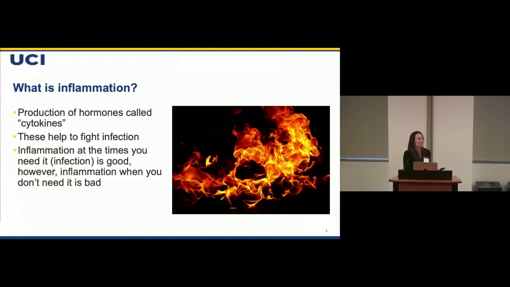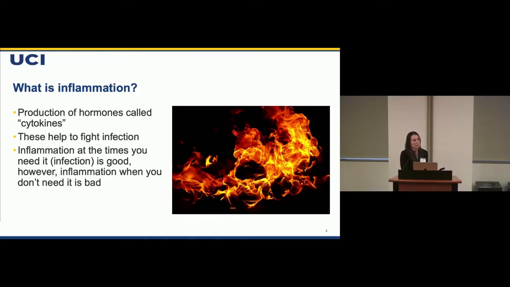So what is inflammation? Scientifically, when we talk about inflammation, we talk about these hormones or proteins called cytokines, which our immune cells produce to help us fight infection. So inflammation is critical when you need it, such as in an acute infection, but inflammation is bad when you don't need it.